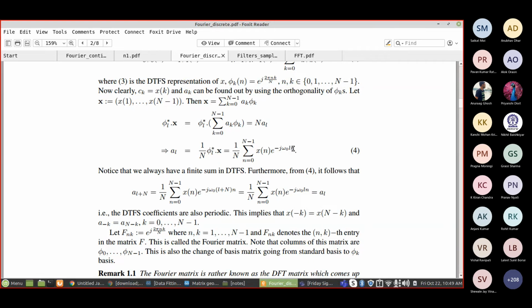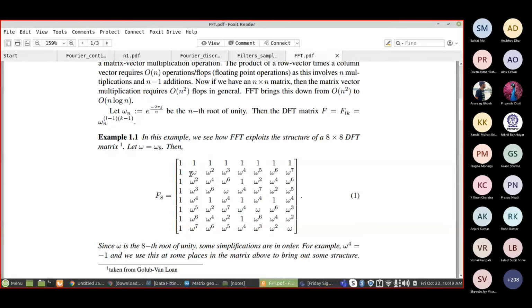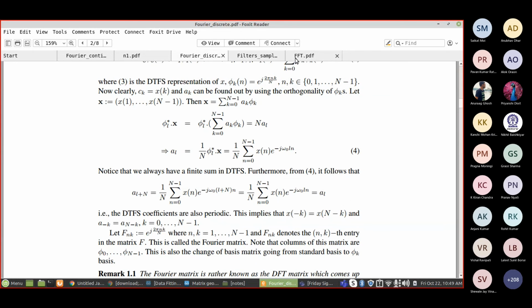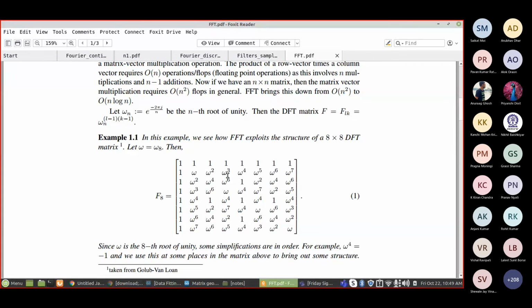So n goes from 0 to n minus 1, and this e to the power minus j omega naught, that you can represent by omega. So when n is equal to 0, you have 1. When n is equal to 1, you have omega. N is equal to 2, you have omega square, like that. So this is how you get these rows of this matrix.